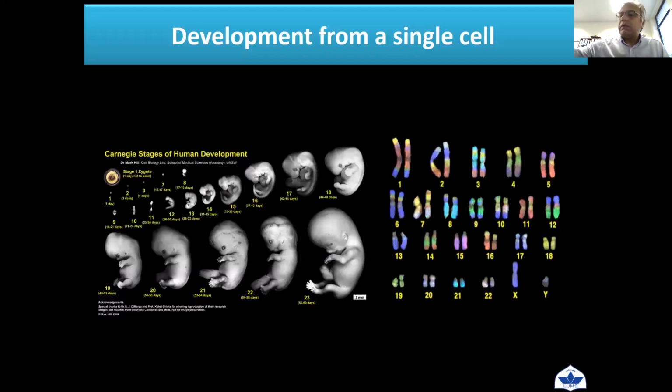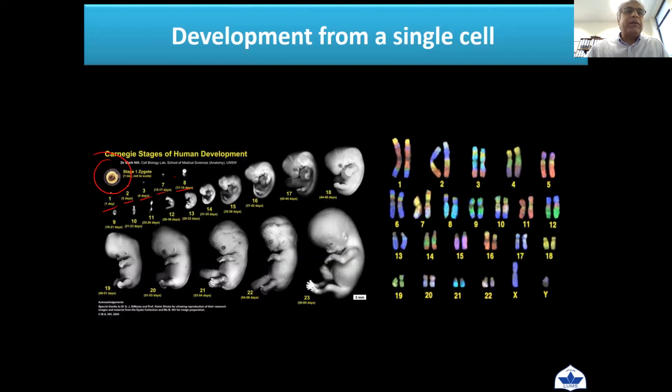So what you all know is that we all start our life from a single fertilized egg, which is shown here. Then this is day one. This is a 3 day old embryo, 4 days, 7, and 19 to 20 days old embryo.